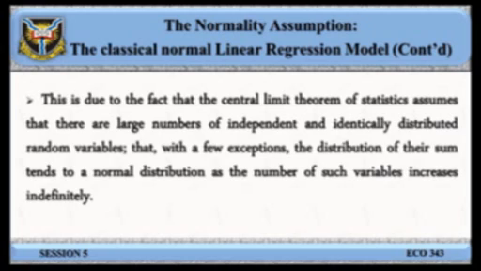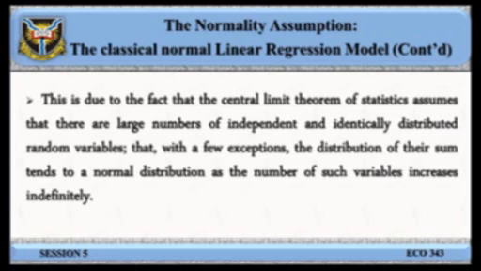This is due to the fact that the central limit theorem of statistics assumes that there are large numbers of independent and identically distributed random variables that, with a few exceptions, the distribution of their sum tends to a normal distribution as the number of such variables increases indefinitely.